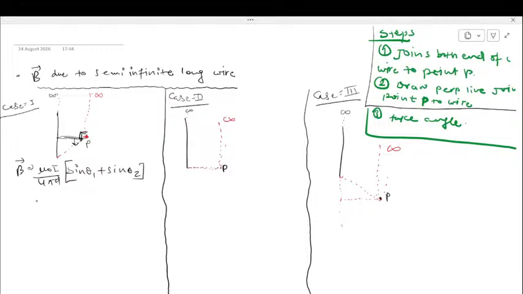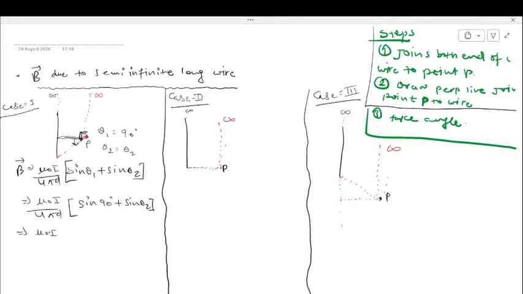This is the general formula of magnetic field: mu naught I upon 4 pi d (sin theta 1 plus sin theta 2). Theta 1 is 90 degrees and theta 2 we assume to be any angle theta 2. So sin 90 degrees plus sin theta 2.